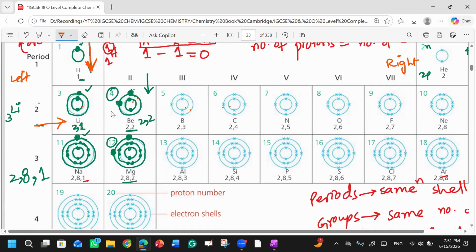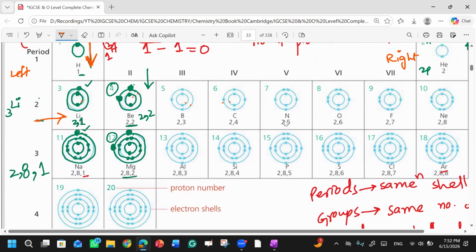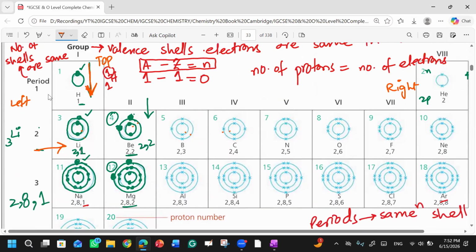Every element will have the same number of valence shell electrons. And from left to right, it will have the same number of shells in each period.